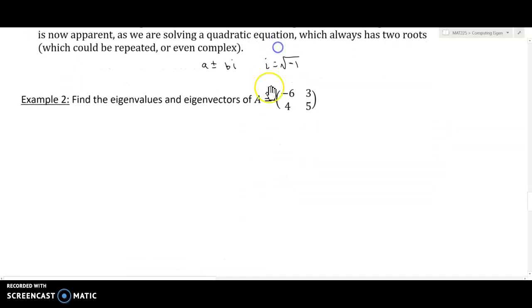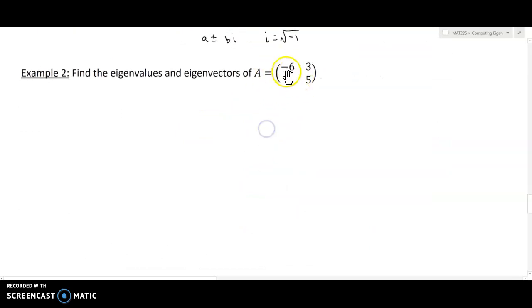All right, so find the eigenvalues and eigenvectors of A equals [-6, 3; 4, 5]. We're going to proceed in the same fashion. We know that to find these, we have to use the eigenequation, and the variant of it that we use is (A minus lambda I) times v equals the 0 vector.